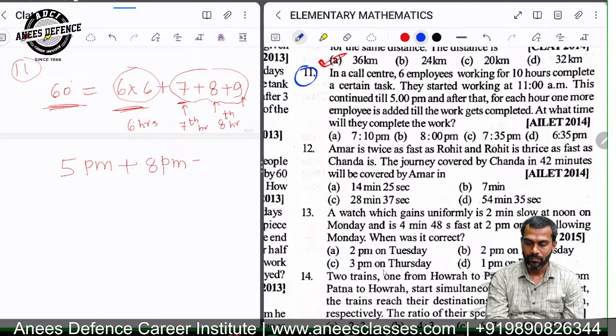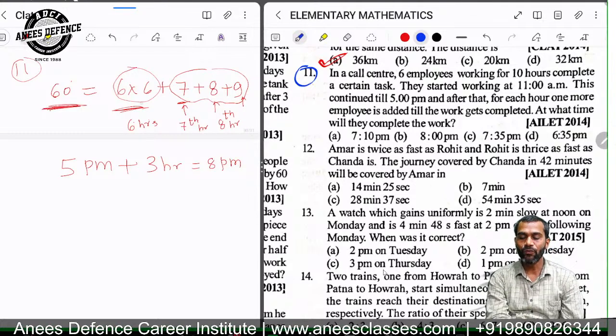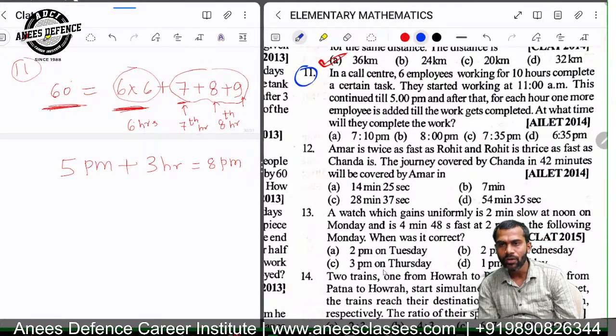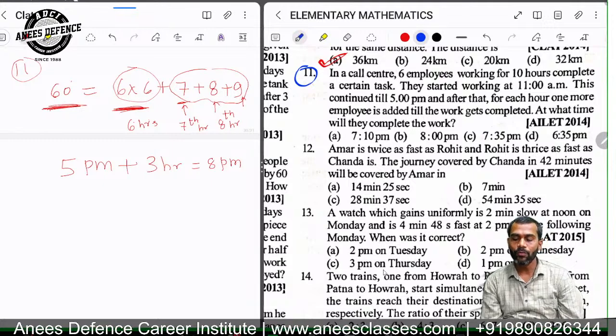Yes, sir. Why do we need 3 more hours? See, we need to finish the work, right? Total 36 units of work has been completed at the end of 6 hours from 11 to 5 p.m. Now we need 24 more units.